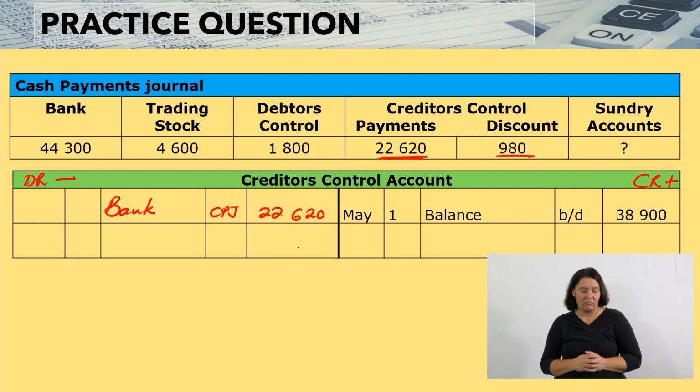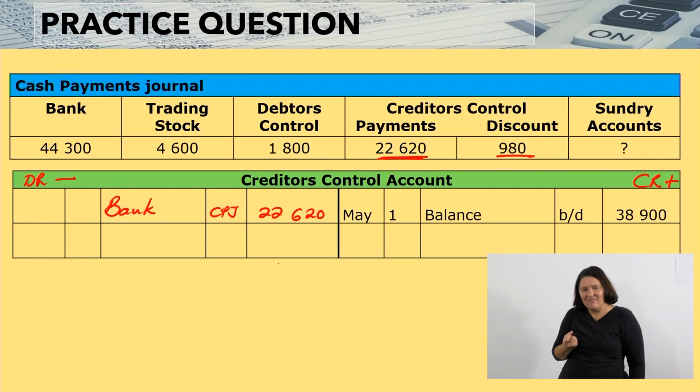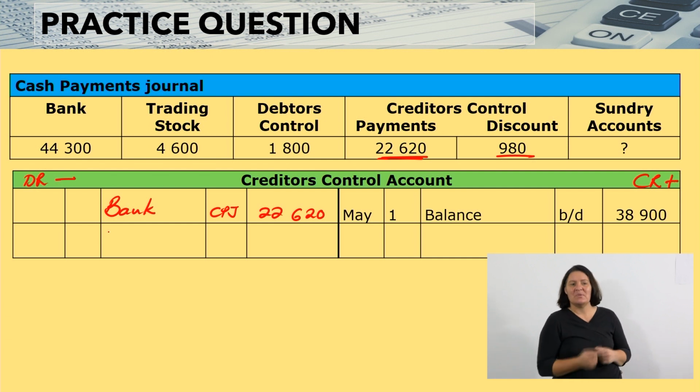22,620. The moment we paid our creditors, they then granted us discount. So we received some discount. Discount received. I should then be able to record that. And I'll come here and I'll say discount received. How much is the discount that I have received?